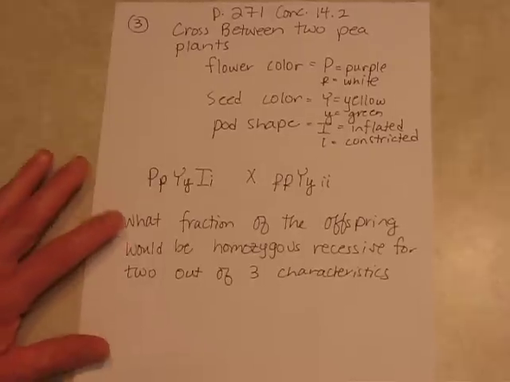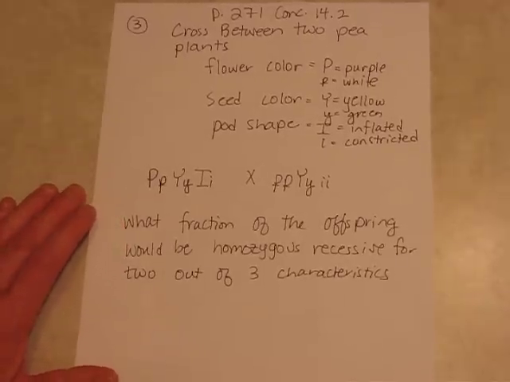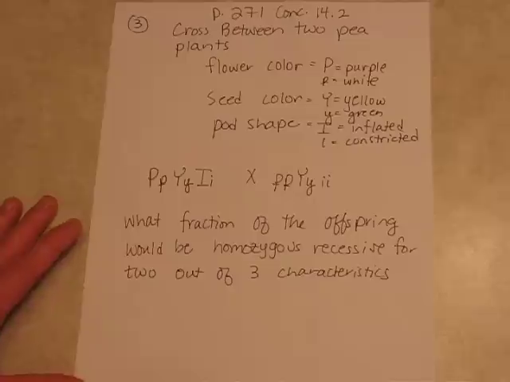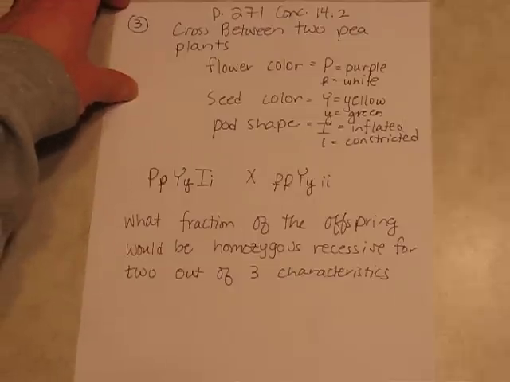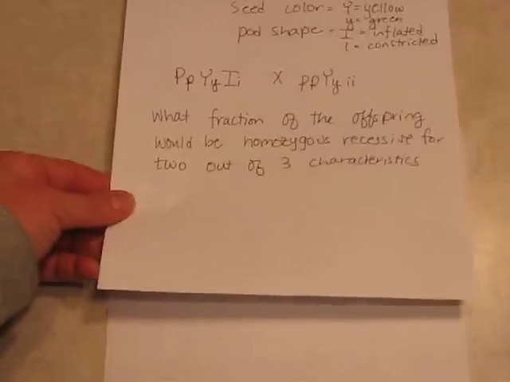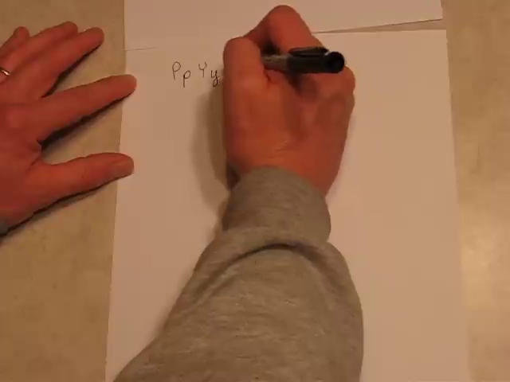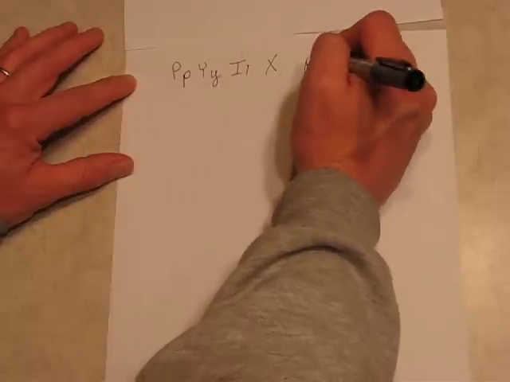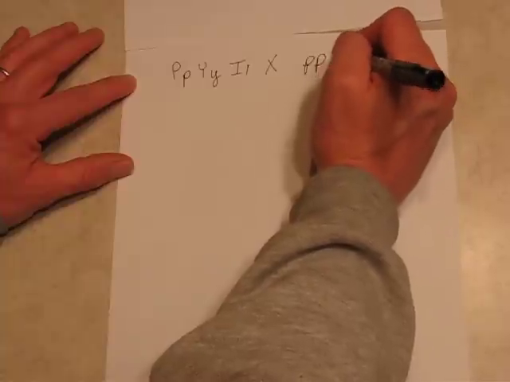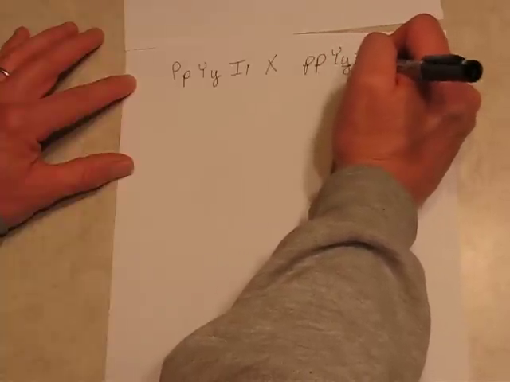What we're going to see is the question asks, what fraction of the offspring would be homozygous recessive for 2 out of the 3 characteristics? So let's see how we would do this. The first thing that we are going to do is make simple Punnett squares for each one of these crosses. So I have big P, big Y, big I, crossed with little p, big Y, little i.